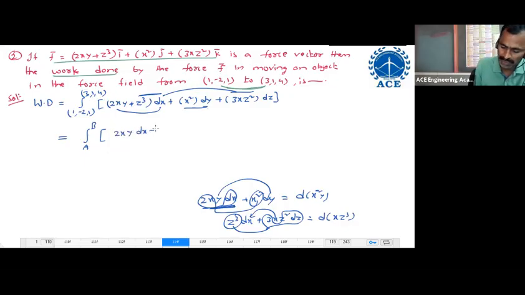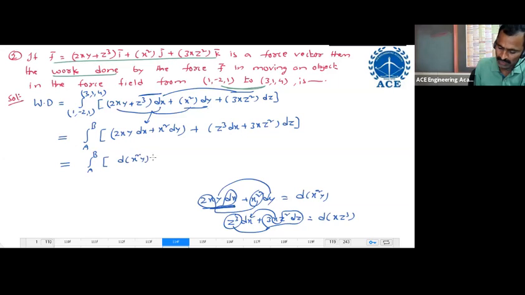Directly on 2xy dx plus x square dy, these two together, plus z cube dx plus 3xz square dz, which implies the integral from a to b of d of x square y plus d of xz cube, or we can add them as the integral from a to b of d of the single function x square y plus xz cube only.